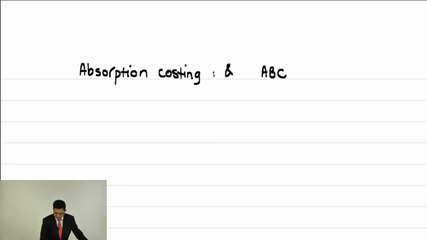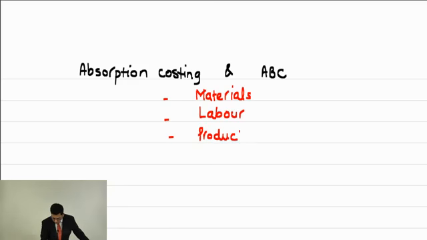So here is the absorption costing and activity based costing. Any product is made up of 3 components, whether it is absorption or ABC. First component is materials or direct materials. Second is labor or direct labor, if you like to call it. And thirdly, production overheads.